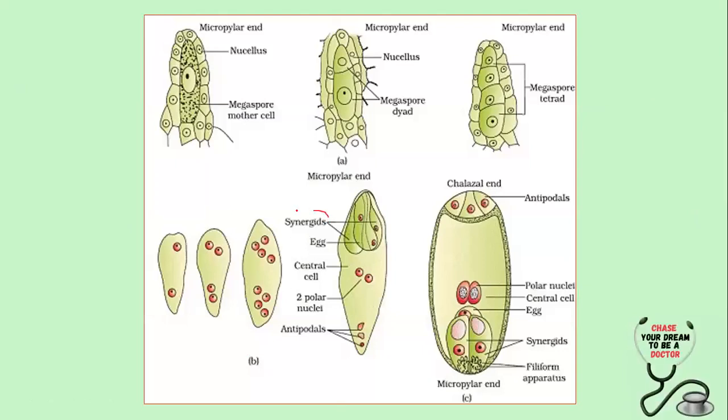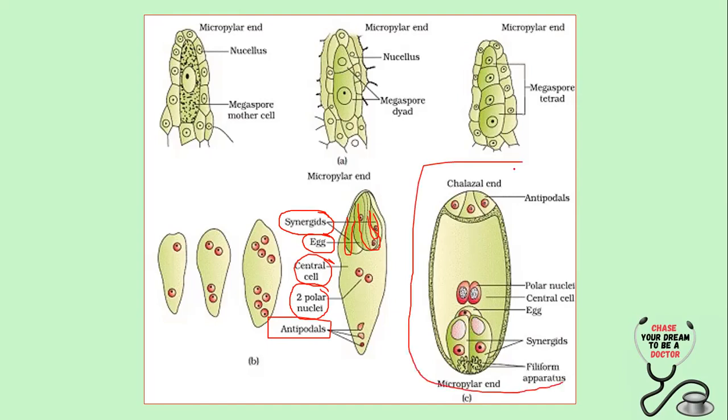Towards the micropylar region, the central large cell is the egg along with 2 surrounding synergids. The central cell has 2 polar nuclei, half fused, and you will find the antipodal cells as well. Clear? This is the final diagram.